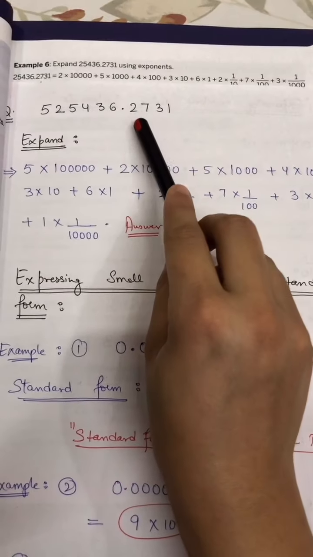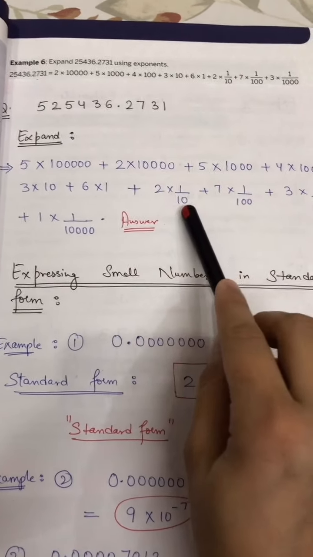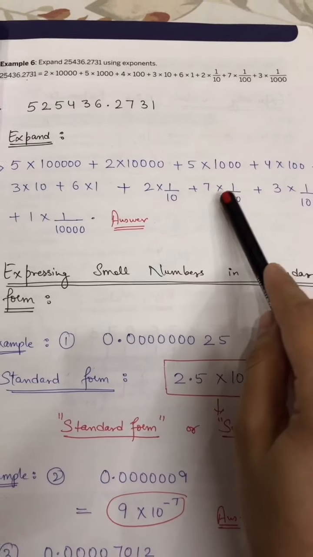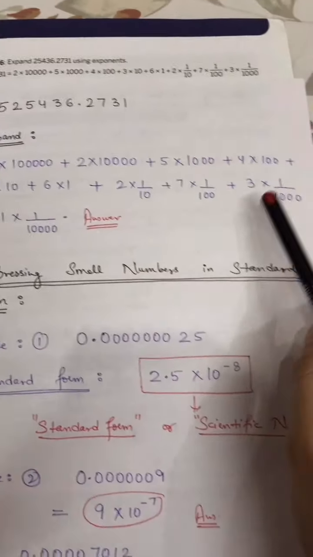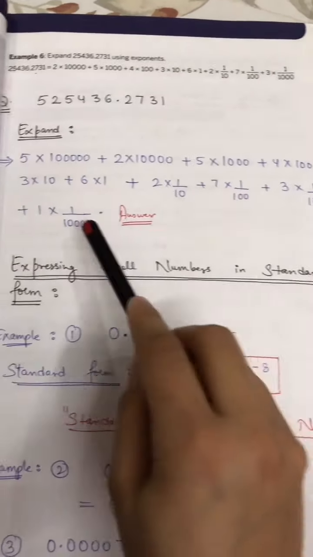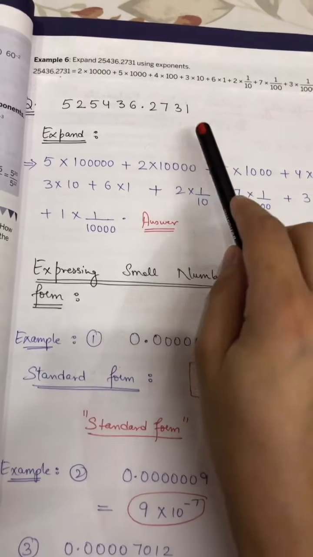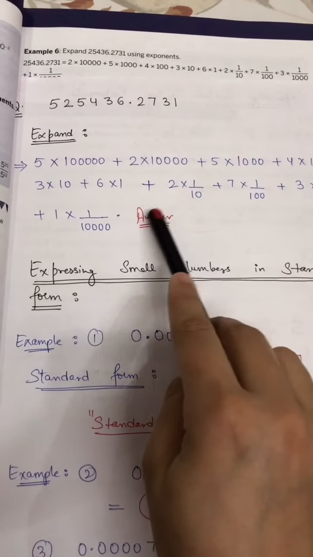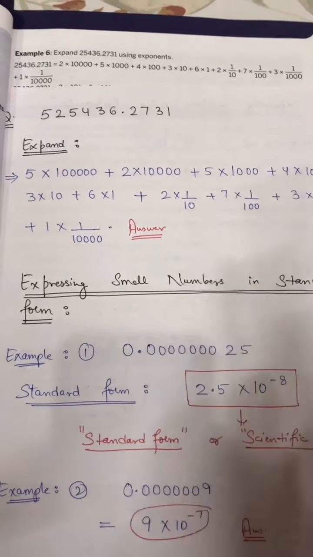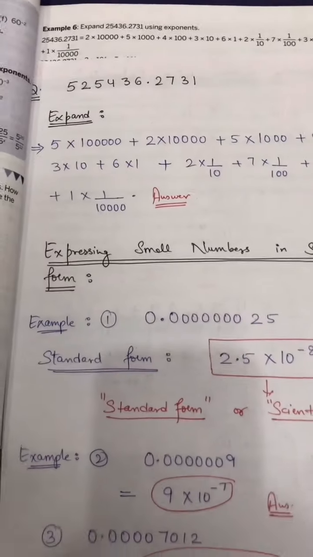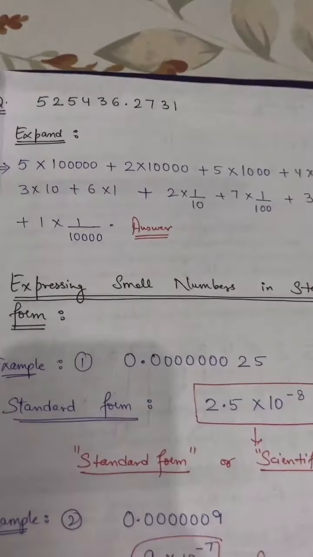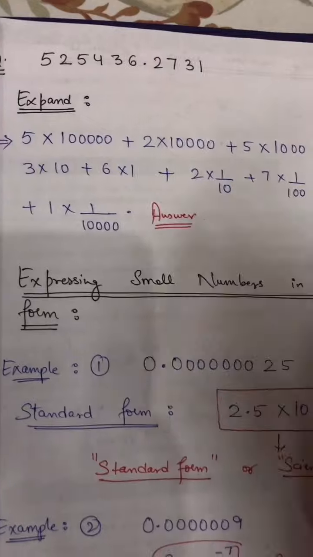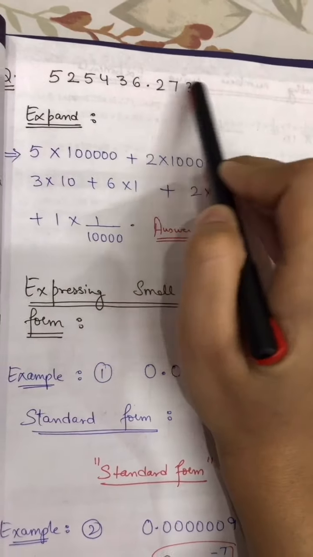After decimal you have to write this value multiplied by 1 by 10, the next multiplied by 1 by 100, the next multiplied by 1 by 1000, then 1 by 10,000. If more values are there, then you can write plus that value multiplied by 1 upon lakh. In this way you write the numbers in the expanded form if the number is given in the decimal form.